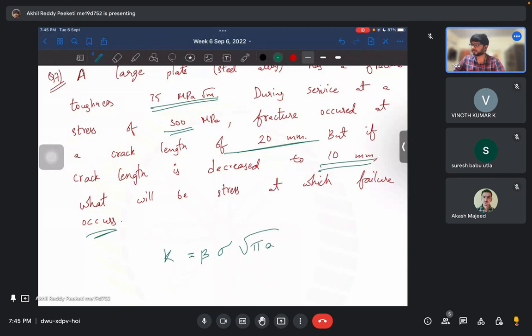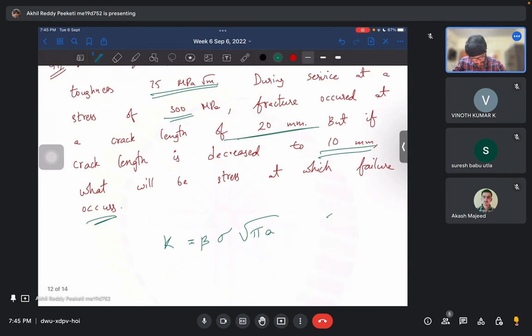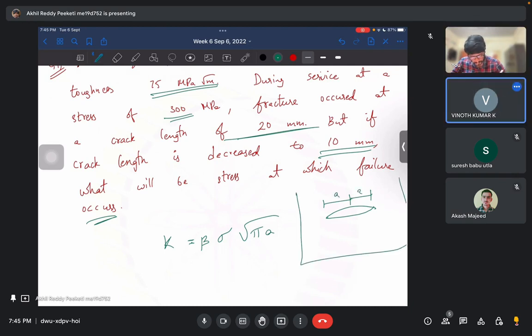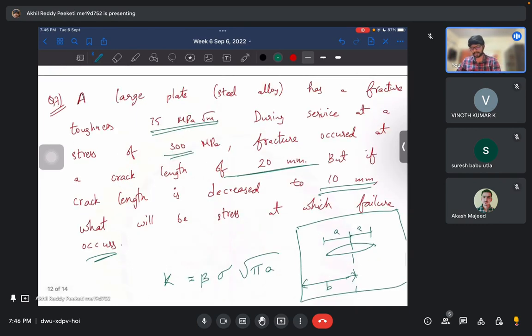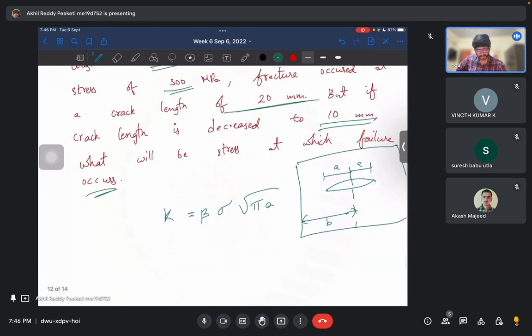Here sigma is the stress which we are applying. 2a is the total crack length actually, and a is half of the crack length, and this is b. Because we were given a large plate, that means a is much less than b.